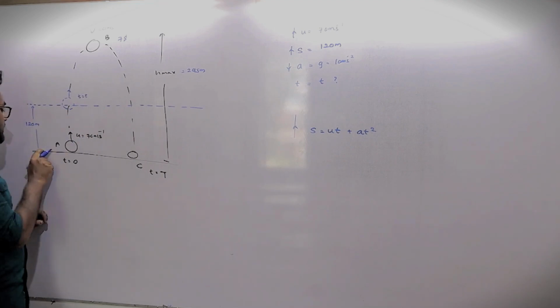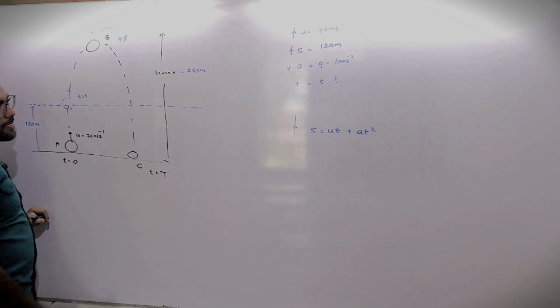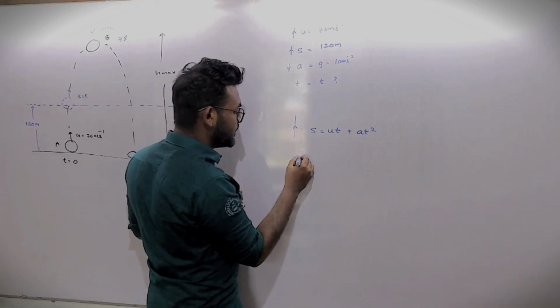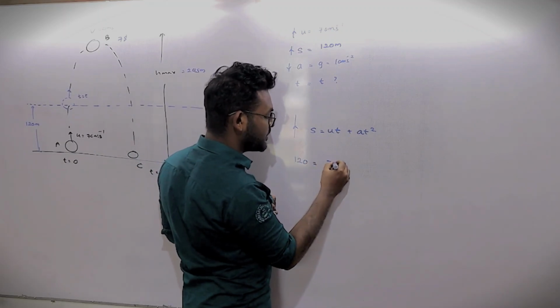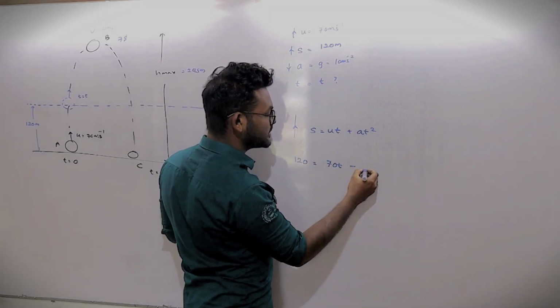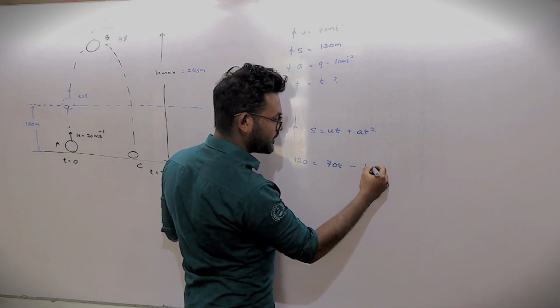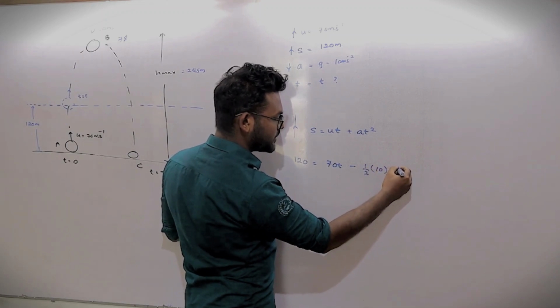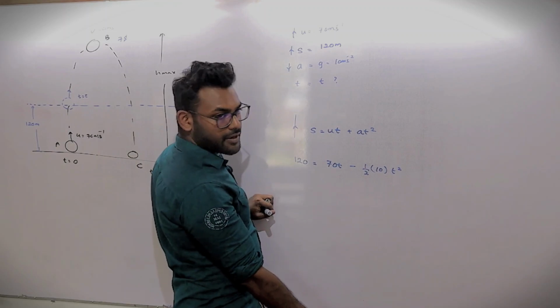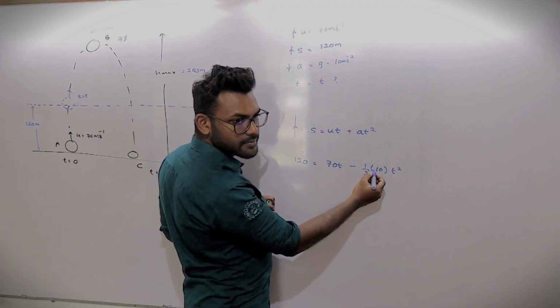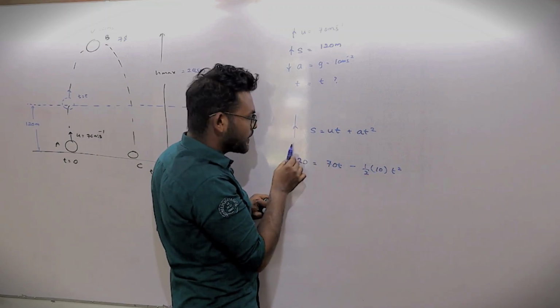Displacement has to be 120. Okay, great. 120 equals 70t minus half 10 t squared. Why minus again, guys?